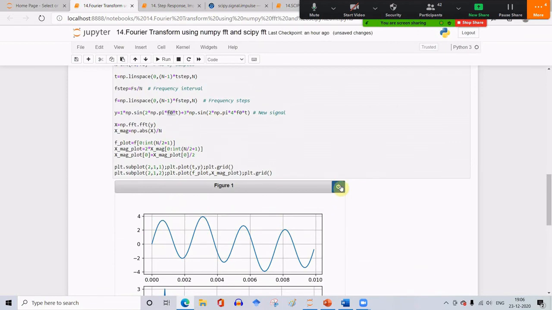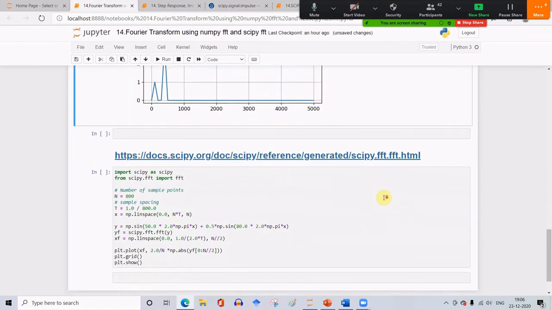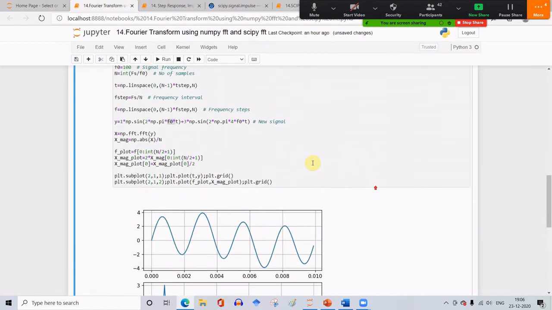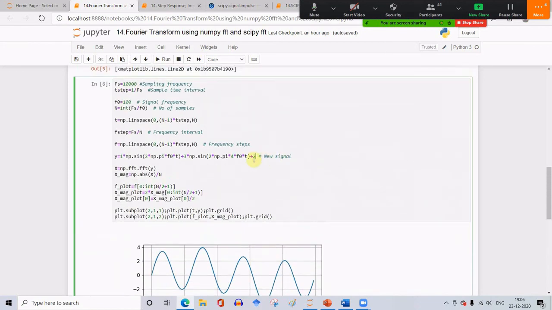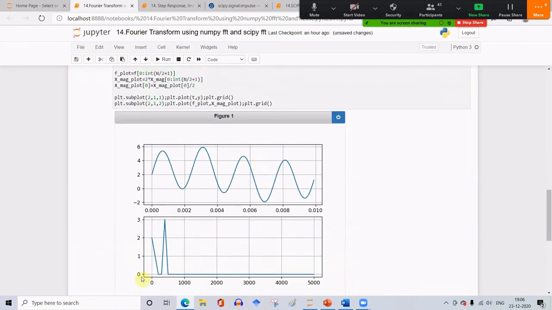Okay. So to this, suppose I add a DC value also, plus 2, let us say. Then what should I expect? I should expect a peak at frequency 0, that is the DC of value 2. So you see here, at f equal to 0, the FFT value is 2.